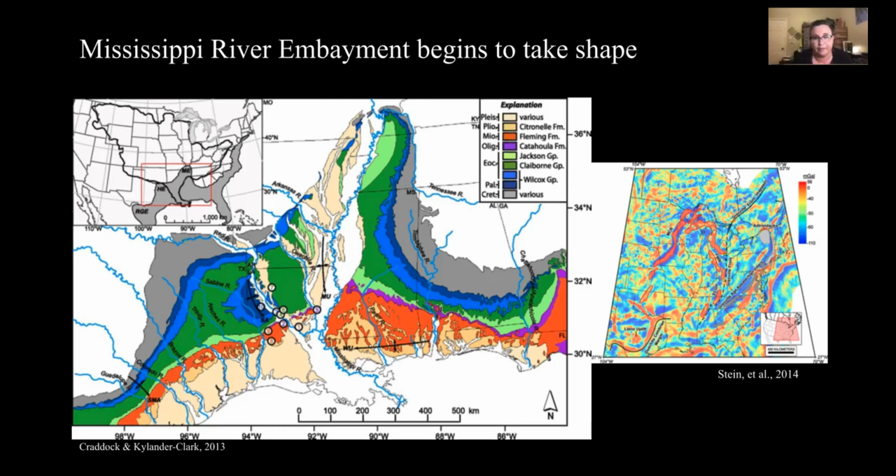Now on the right over here, I put in this little picture because it's a really interesting conversation on how and why the Mississippi River Embayment formed the way it did. And one thought, and there's many thoughts on this, again, there's lots of topics where we have lots of friendly arguments between geologists.